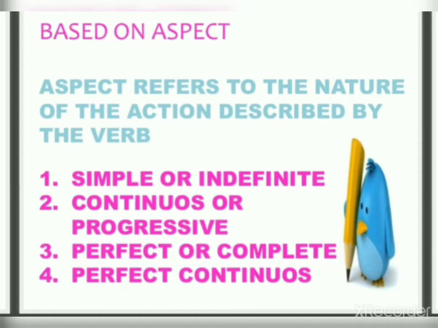Aspects refer to the nature of the action described by the verb. First one, simple or indefinite. Second, continuous or progressive. Third, perfect or complete. And the last one, perfect continuous.